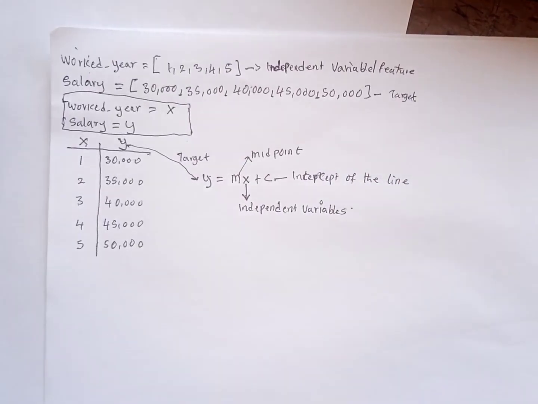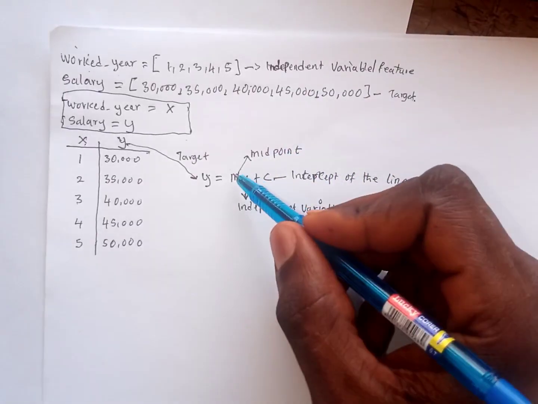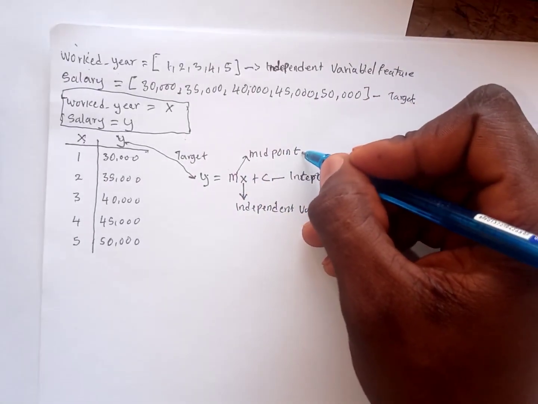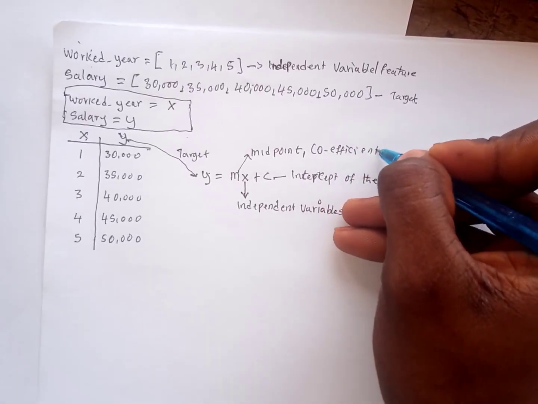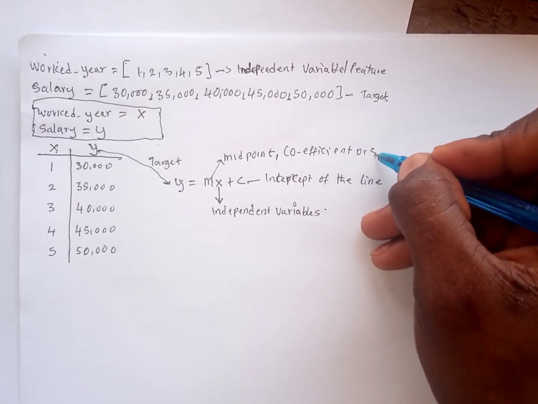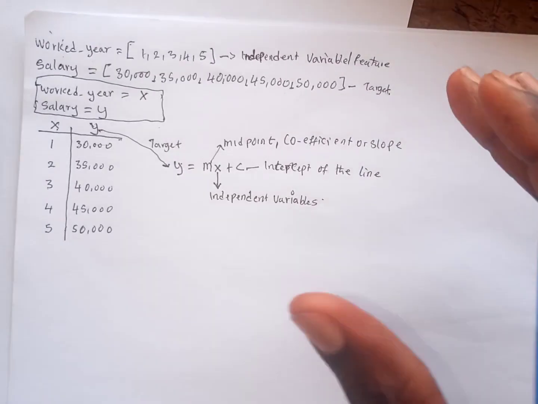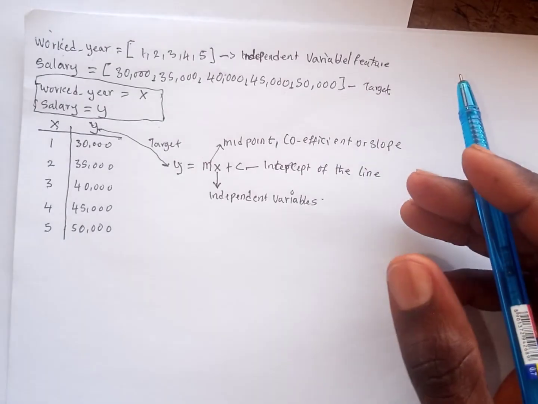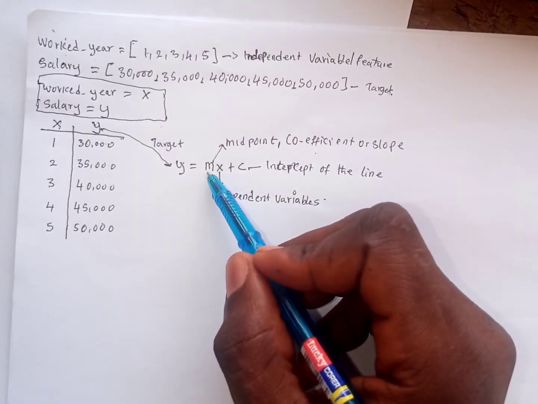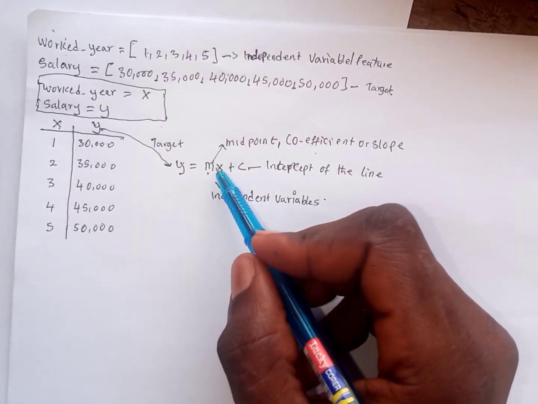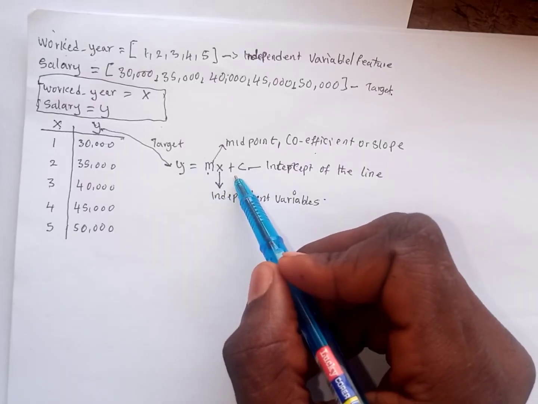This is basically it. We can also call m the coefficient, or the slope. The reason we give it the name coefficient or slope is because coefficient and slope represent the changes in m. The m is more like the driver of the equation we have here.